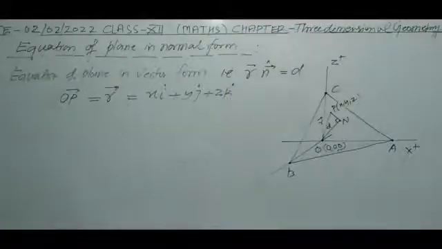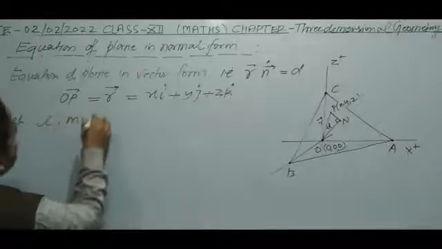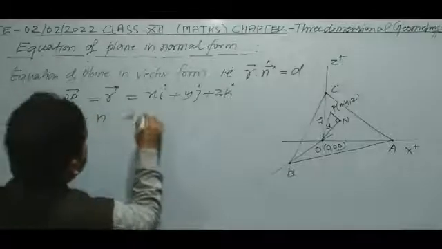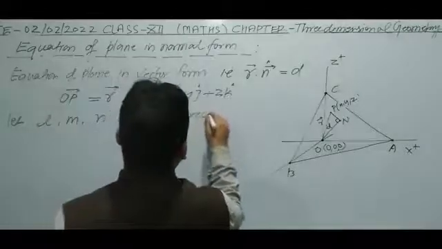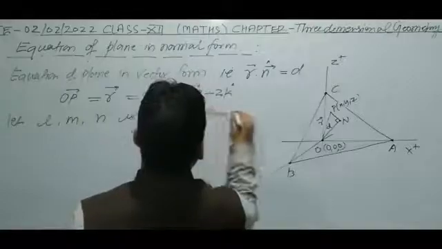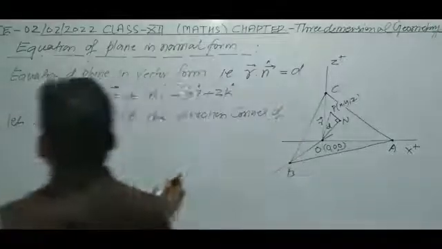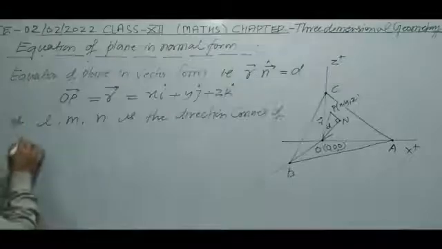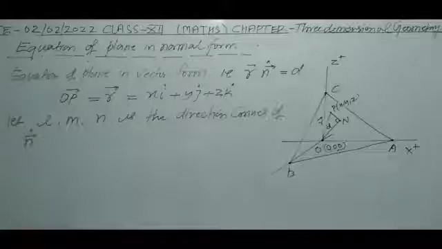And now unit vector. Suppose let small l, small m, small n is the direction cosines of vector n, unit vector n we can consider.